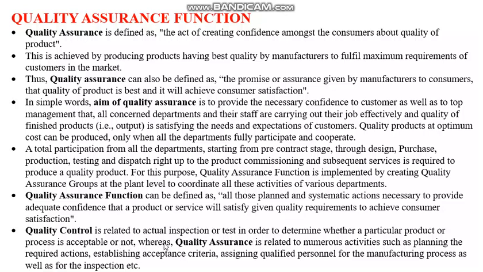Actually, it is a more broader term than this. But anyway, it is contained within the company, whereas quality assurance is related to numerous activities such as planning the required actions, establishing acceptance criteria, assigning qualified personnel for manufacturing processes, and also for inspection, etc.